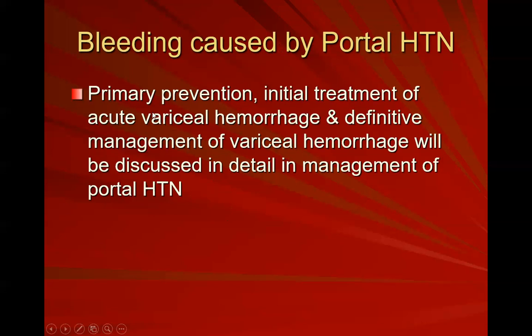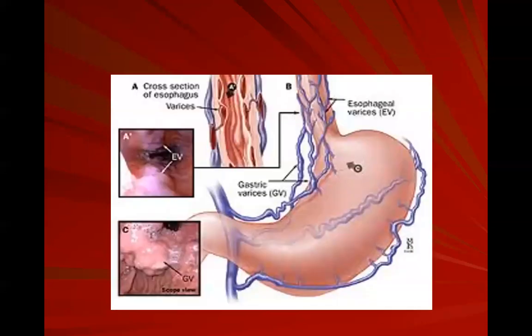So primary prevention, initial treatment of acute variceal hemorrhage, and definitive management of variceal hemorrhage will be discussed in the management of portal hypertension. But usually the management is not an area of focus.